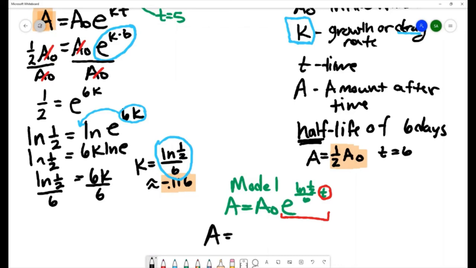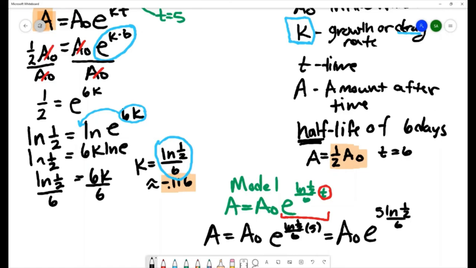So in our model, we're substituting in for t that value of 5. I like to write the 5 in the front because it's easier to type in the calculator. So we would have 5 natural log of 1/2 over 6 is what we're typing into the calculator.